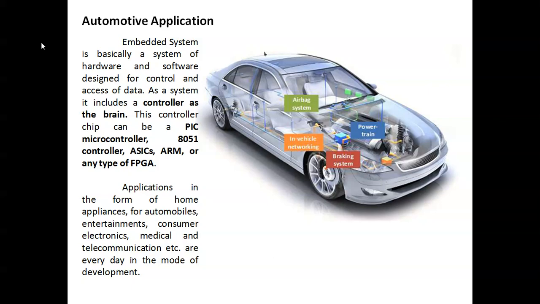It controls the total system. The controller can be a big microcontroller like the 8051, an ARM, or any type of FPGA. This controls the total automobile and automotive applications.